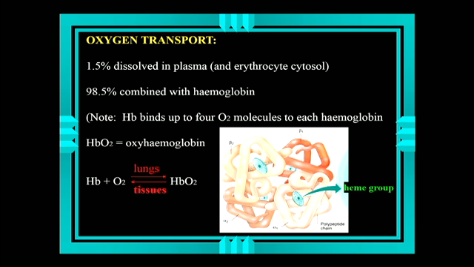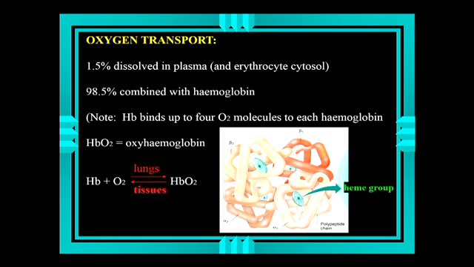So, oxygen: about 1.5%, and we say about because there's no set absolute value, of the oxygen that you and I have in our blood at any one time is physically dissolved in the liquid component of the blood called the plasma and the fluid of the red blood cell, the erythrocyte cytosol. And I've already said why that's only 1.5%, because oxygen is not particularly soluble in fluid.